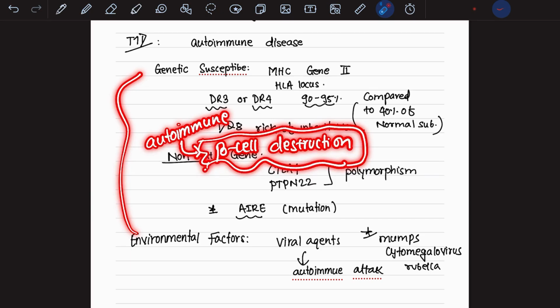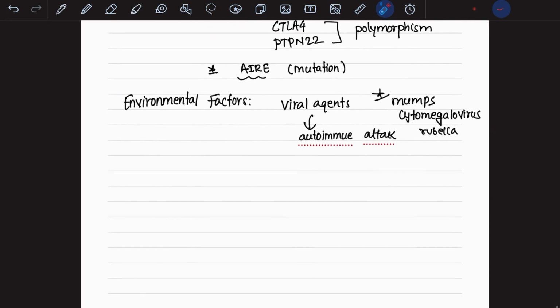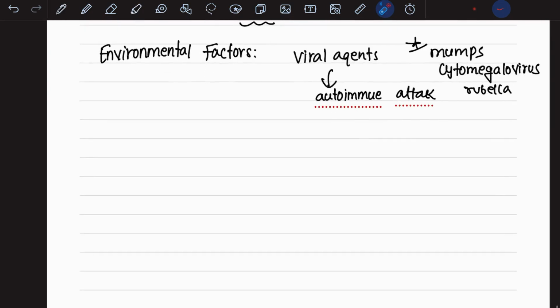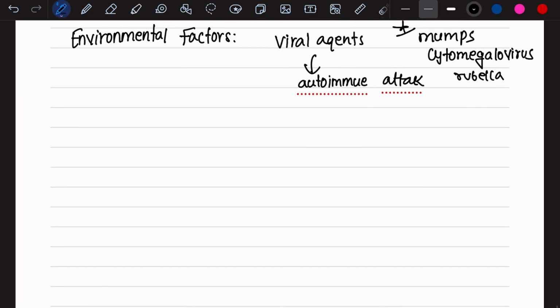Also there are stages of type 1 diabetes which we'll talk about now, but before that, how beta cells get destroyed, let's talk about the mechanism of beta cell destruction.